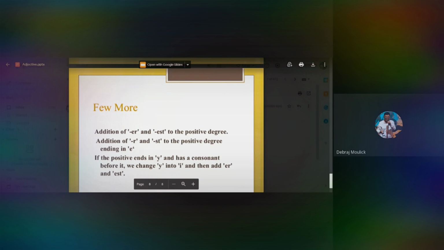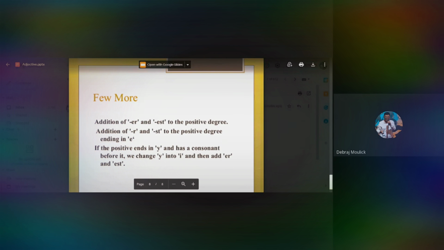And the last rule. If the positive ends in y and has a consonant before it, so you have to remember vowel and consonant, we change the y into i and then add er and est. In the previous rule, the word ended with a consonant and there was a vowel before it. Over here, the positive ends with y and has a consonant before it, with no vowel.